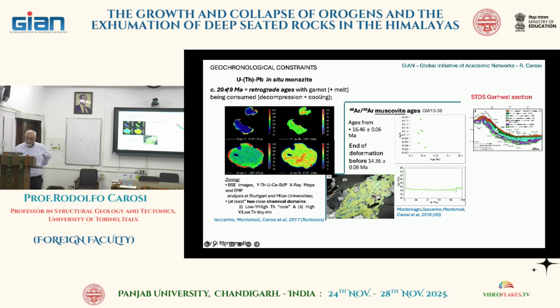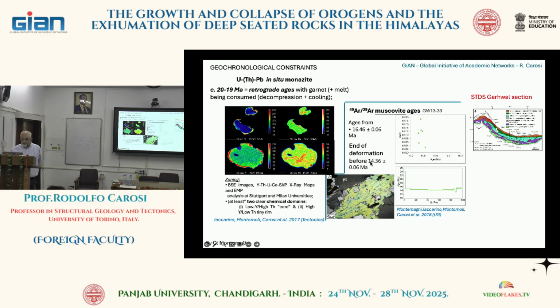So more or less these ages could be linked to the ductile activity of the South Tibetan detachment. We also had some argon ages on muscovite by Montevagni, published in 2018, and the ages of muscovite are more or less 16 million years.